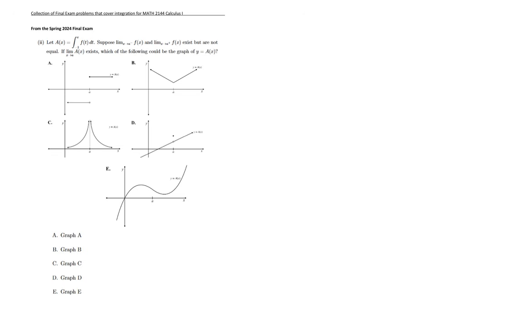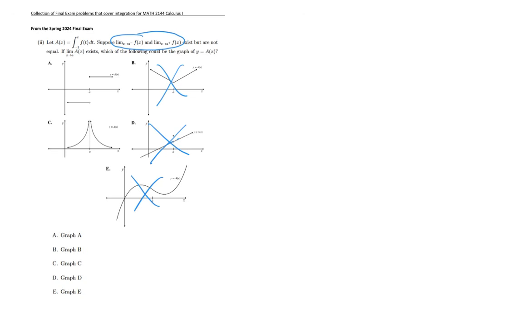So the first thing is that the right and left hand limits exist but are not equal. So D is out because the left and right hand limits are equal. B is out because the left and right hand limits are equal. And E is out because the left and right hand limits are equal. Okay, at A, the left and right hand limits are both going to infinity, so you could maybe say those limits exist.